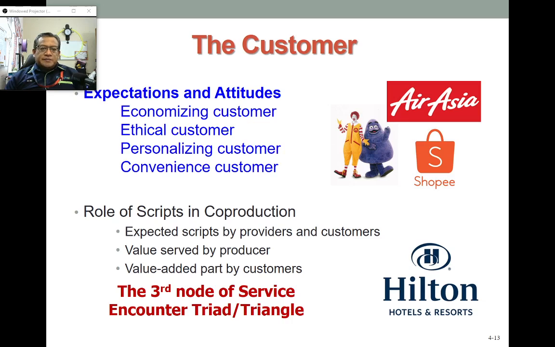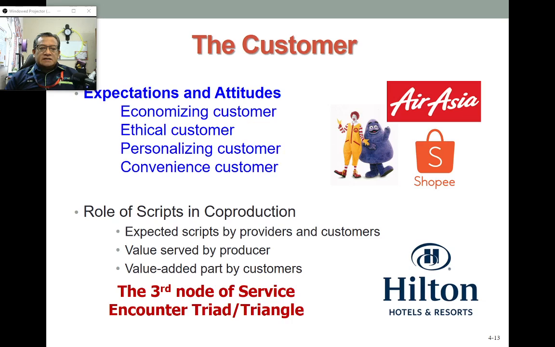As customers, they have expectations. Normally the expectation is high. They expect higher than what they can really predict, right? And customers also have attitudes, for example, expecting the product to be delivered on time with minimum cost, and the product to perform as expected.